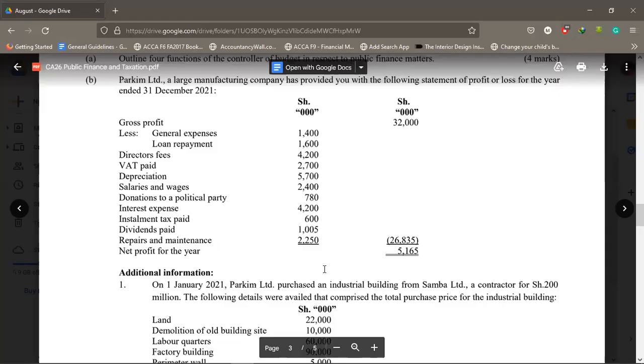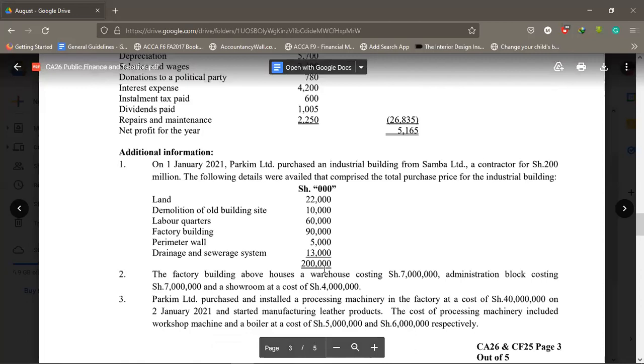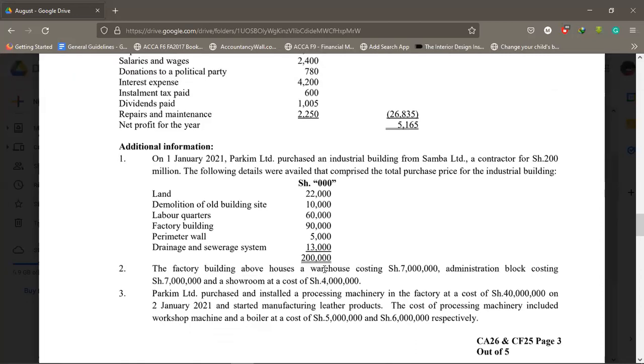shillings 4 million. Pakim Limited purchased and installed a processing machinery in the factory at a cost of 40 million on 2nd January 2021, and started manufacturing leather products. The cost of processing machinery included workshop machine and a boiler at a cost of shillings 5 million and 6 million respectively.